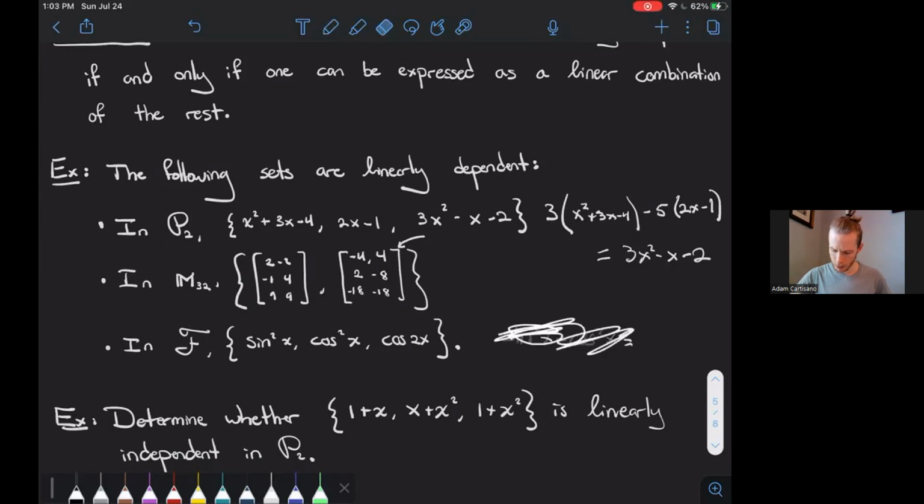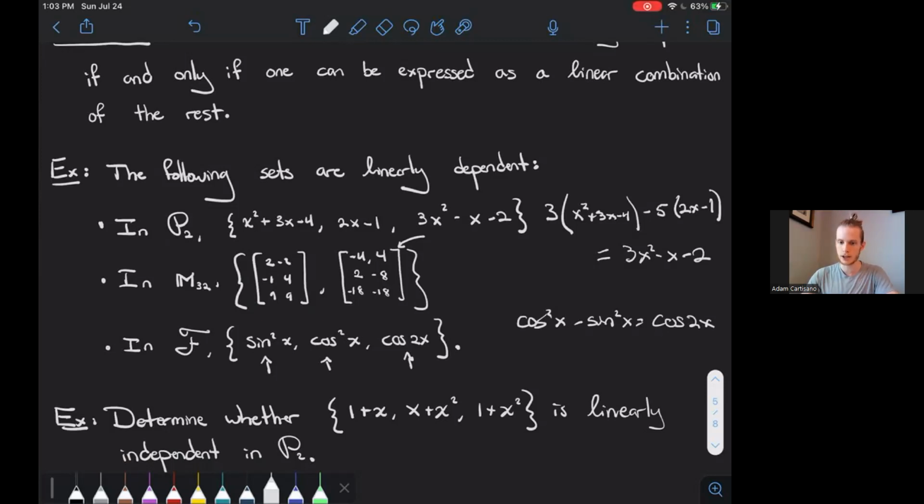There's a double angle formula: cosine squared x minus sine squared x equals cosine 2x. Well, you go 1 times this vector minus 1 times this vector gives you this vector. And that's a linear combination. Cosine of 2x is a linear combination of cosine squared x and sine squared x. So the set is linearly dependent.